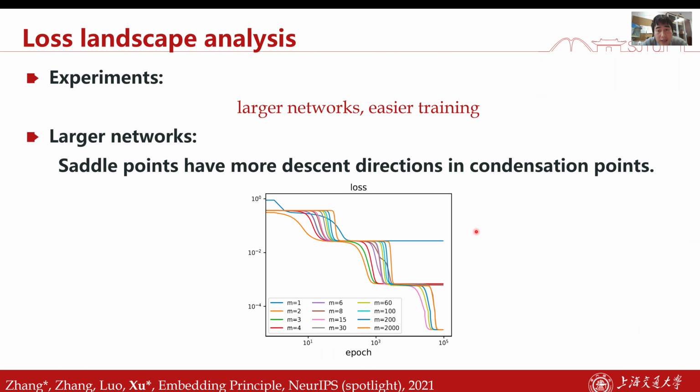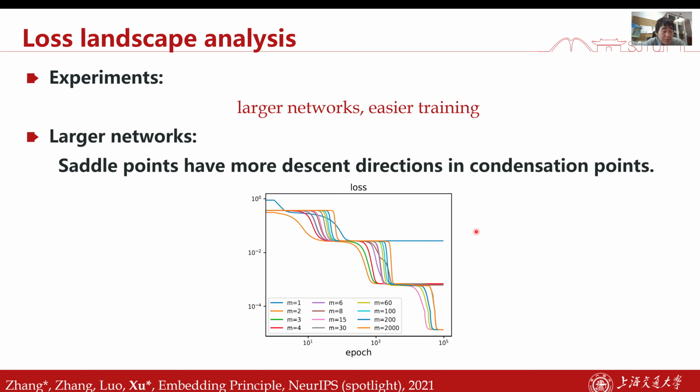So in this piece, we show through experiments that we found larger networks seem easier to train. That is the reason: due to this embedding principle, there will be more descent directions once the network is embedded into a larger network.